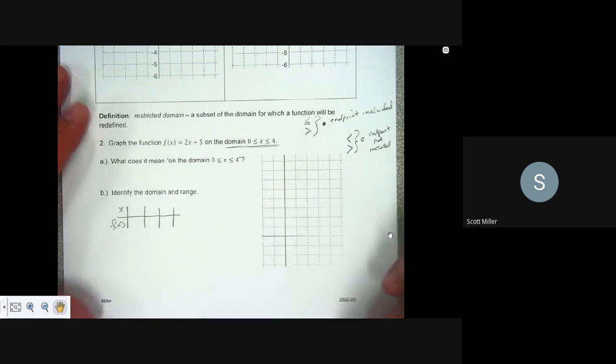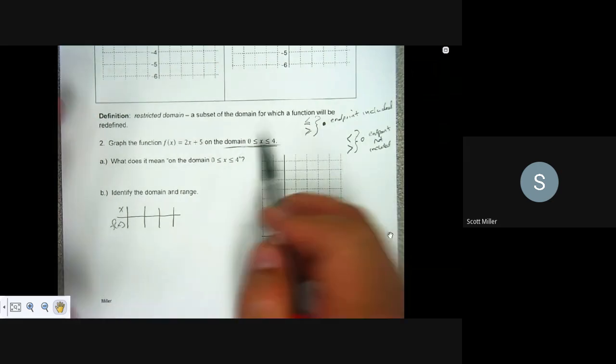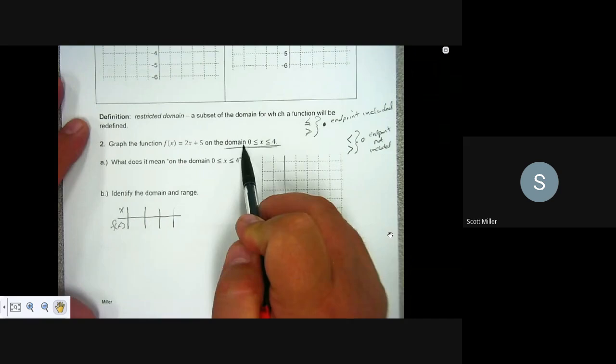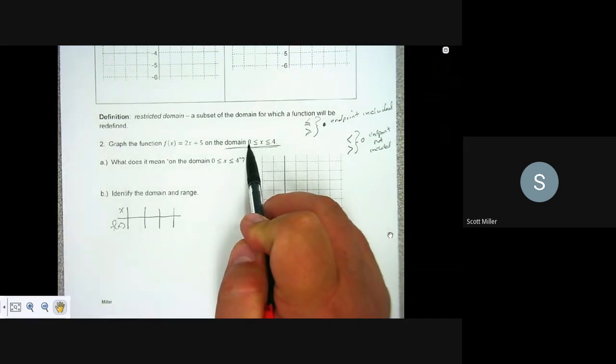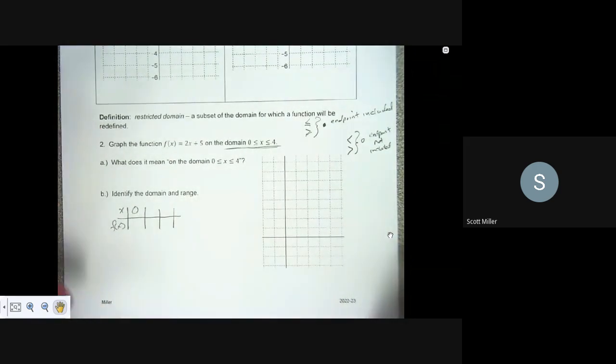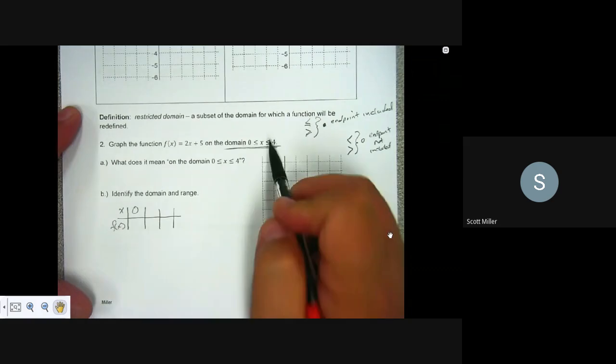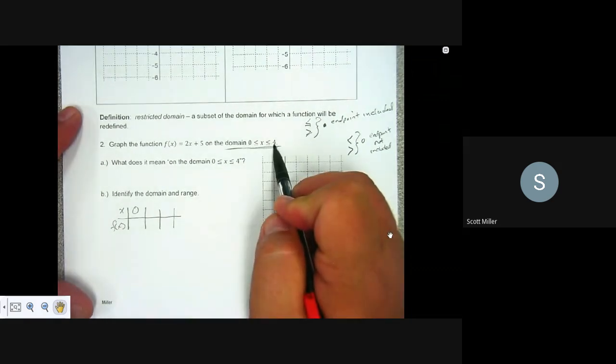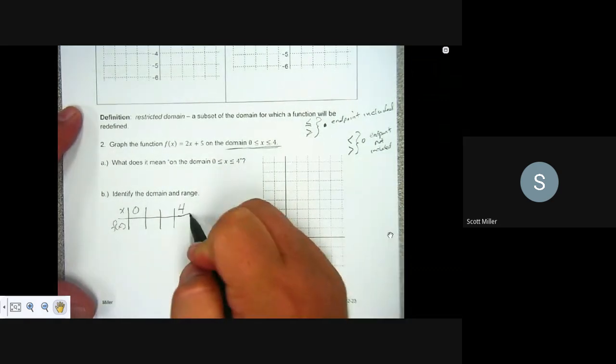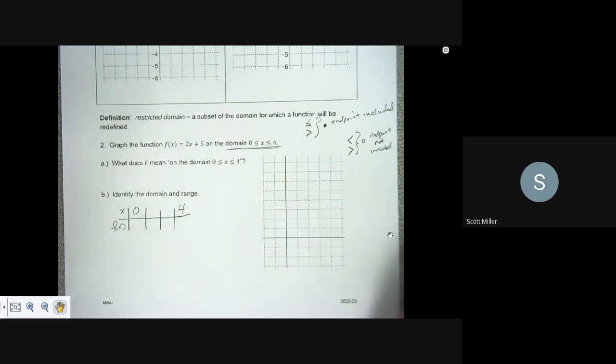So what numbers should I do? Well, the domain tells you what numbers to do. If the low boundary is 0, make sure you plug in 0. If the high point of the boundary is 4, make sure you plug in 4. There's your 2 points to draw the line.